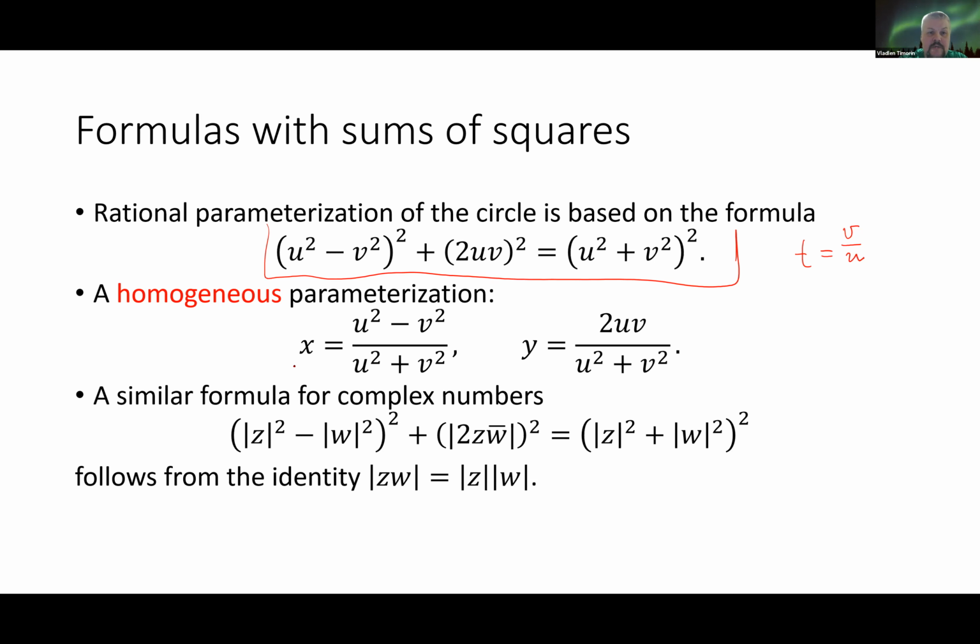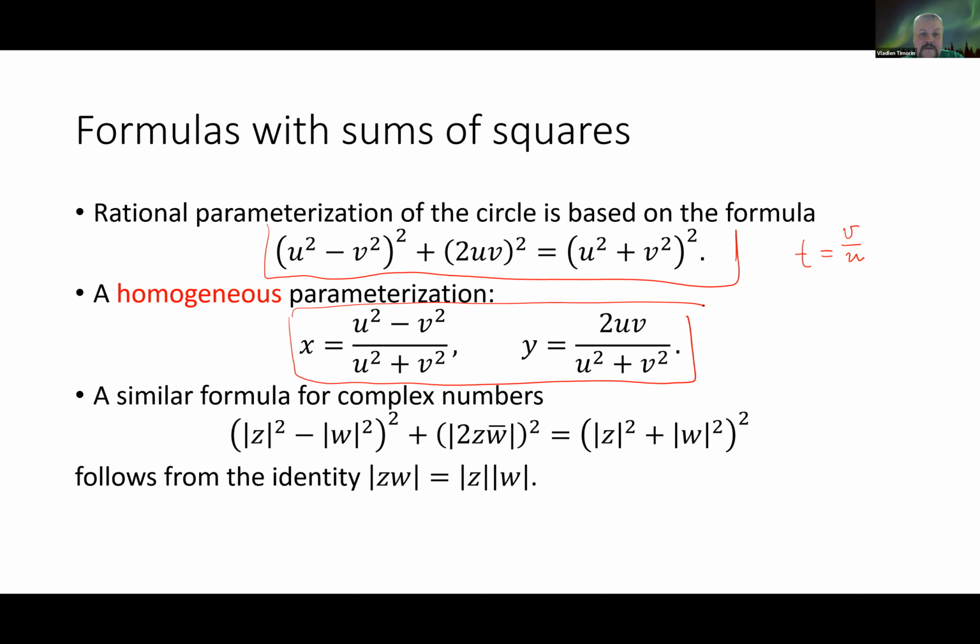So we get this parameterization. Now there are two parameters, u and v, rather than only one parameter t. But of course, there is some degree of freedom. Namely, if you multiply both u and v simultaneously by the same factor, then you get the same point of the circle.